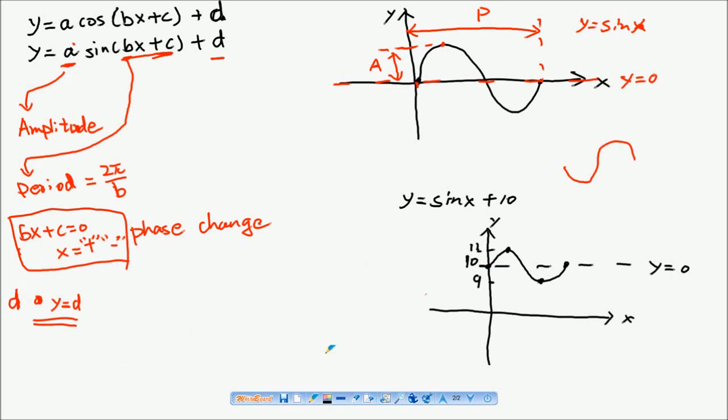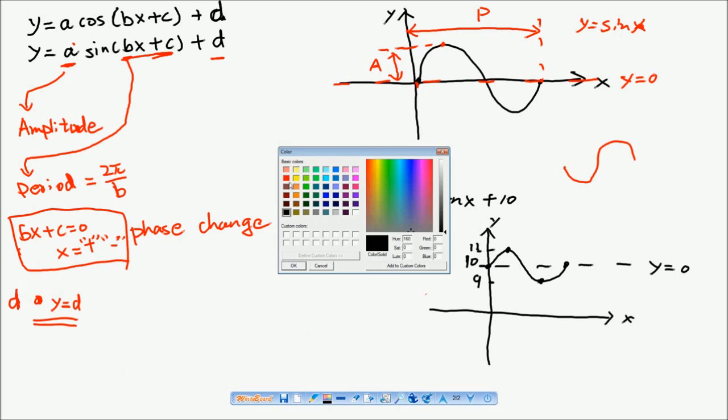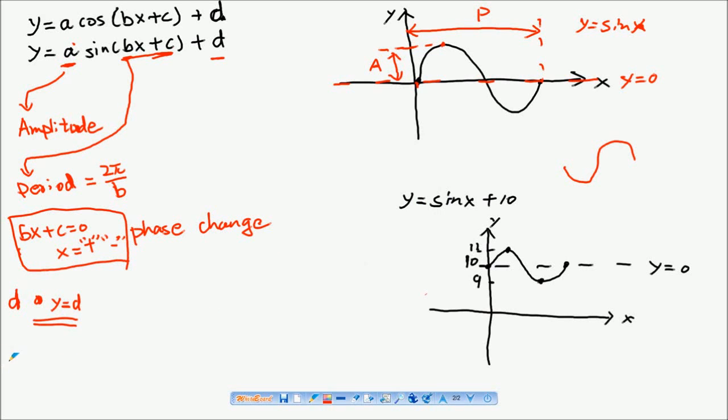So the maximum point of a trigonometric sine wave is d plus a. Your minimum point will be d minus a.